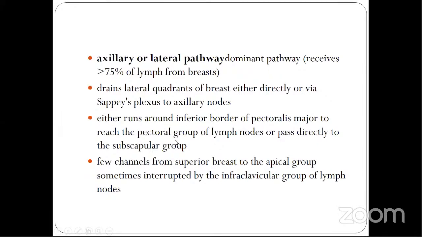And we have two channels from the superior breast to the apical group of lymph nodes, and sometimes this apical group is interrupted by the infraclavicular group of lymph nodes. So the axillary pathway, the dominant pathway, carries 75% of lymph and drains the lateral quadrant of the breast.